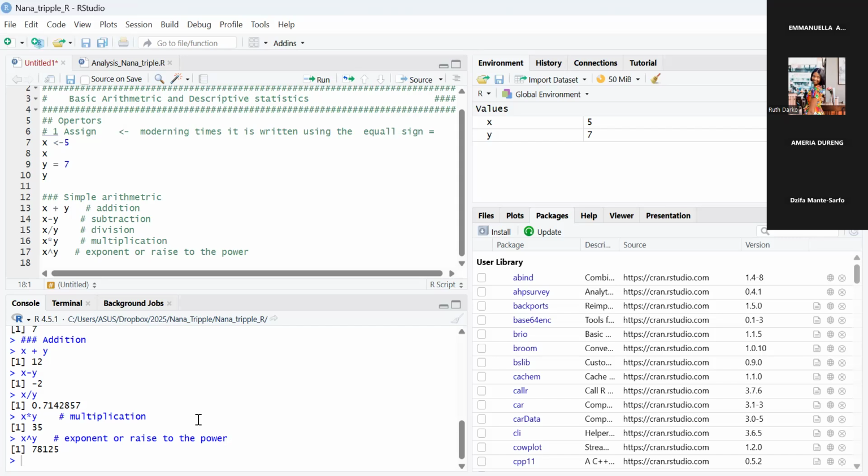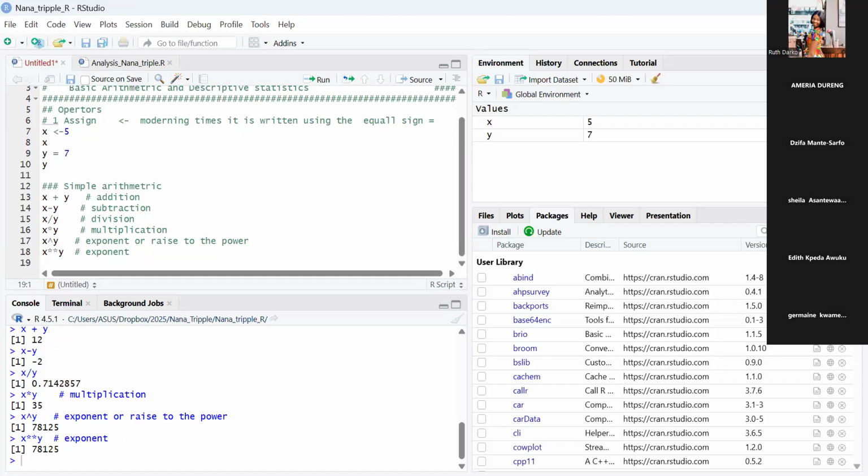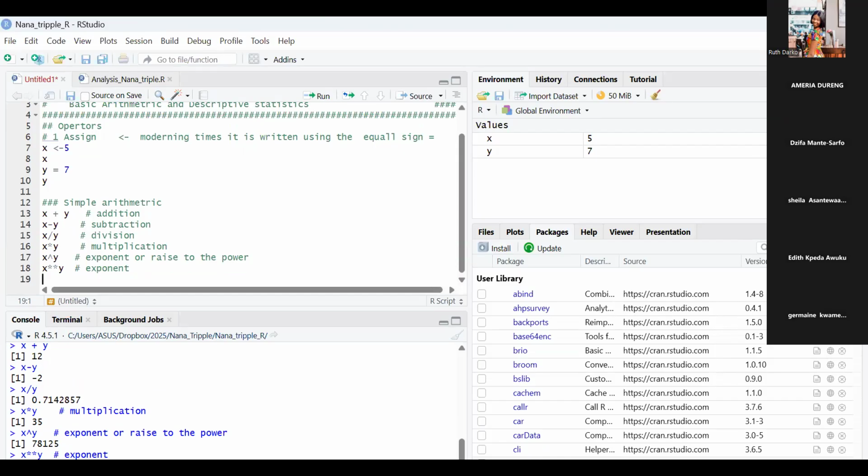So if I do X double star Y, it's also exponent. It should give you the same answer. Did you get the same answer, please?